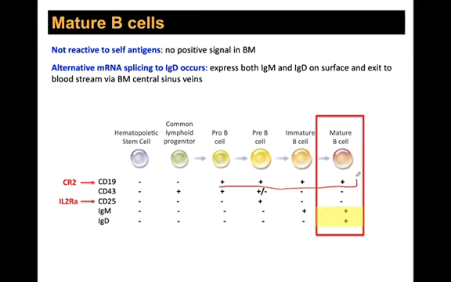If we go back to complement receptors, CD19 is part of complement receptor 2. And so it starts to express this, but really it's trying to look for antigen at this immature B cell stage to select against self-reactive cells. Remember, CD19 is part of the B cell co-receptor.